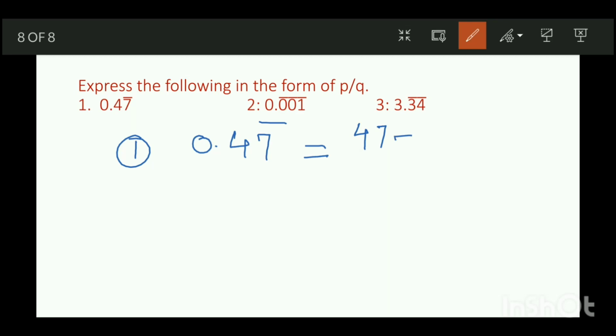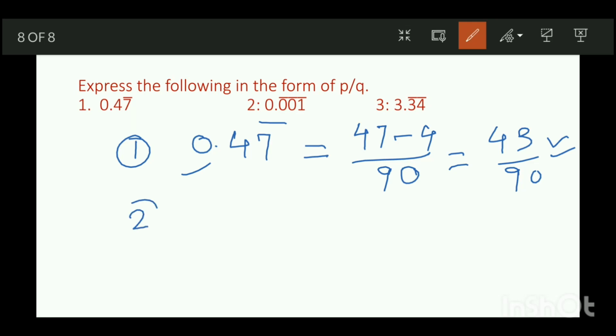After that we write the non-repeating digit, which is 4. Then we write 9 for the number of repeating digits, so one 9 for the single repeating digit 7, and then we put 0 for the number of non-repeating digits. So we have 4 as a non-repeating digit. Then what answer will we get? 43 by 90. This is the rational representation of the decimal expansion.